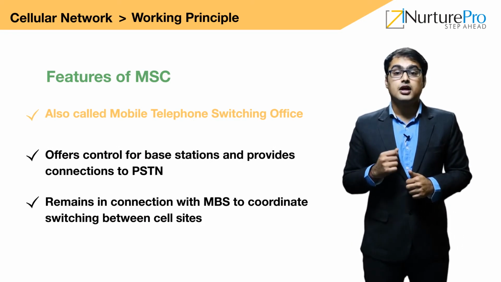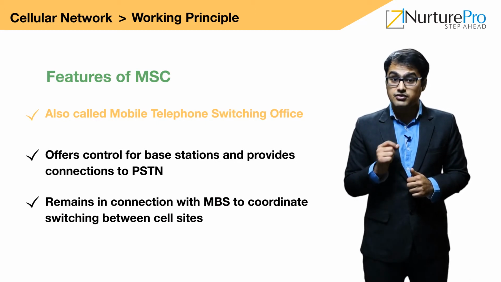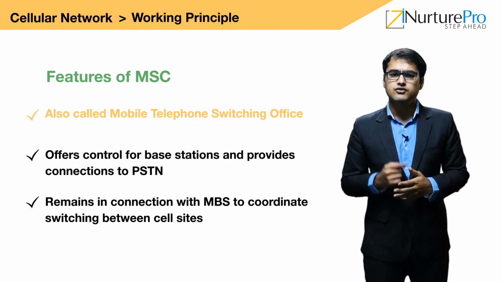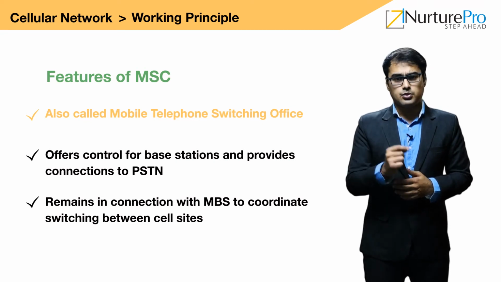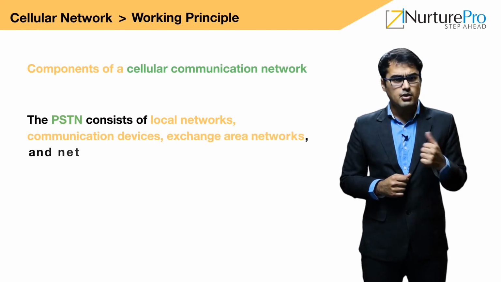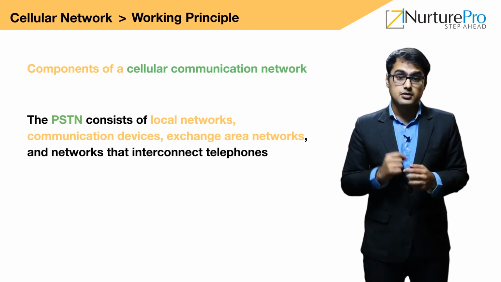MSC offers control to base stations and provides connections to the public switched telephone network. MSC remains in connection with the mobile base station to coordinate switching between cell sites and to give information about users on the network. The PSTN consists of local networks, communication devices, exchange area networks, and networks that interconnect telephones.